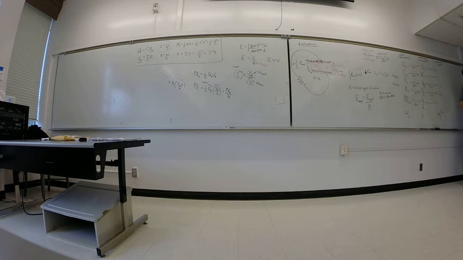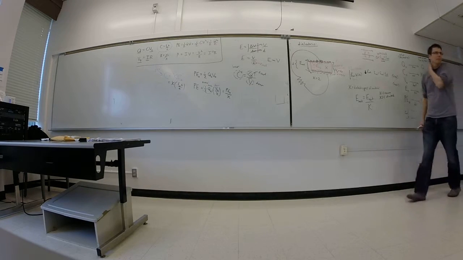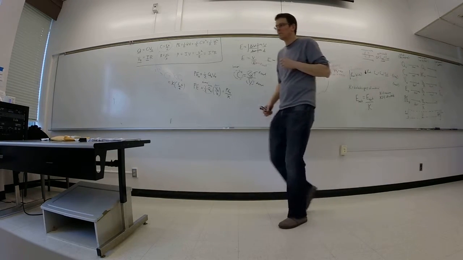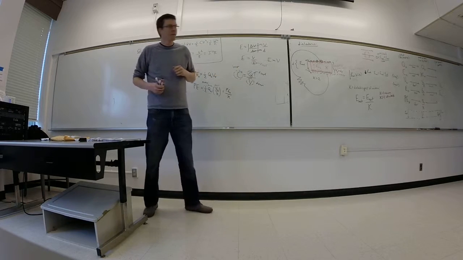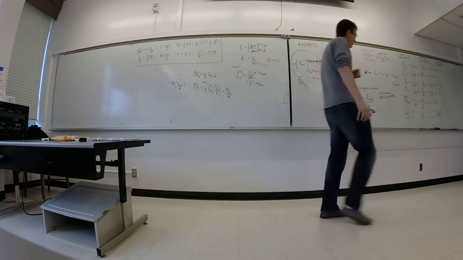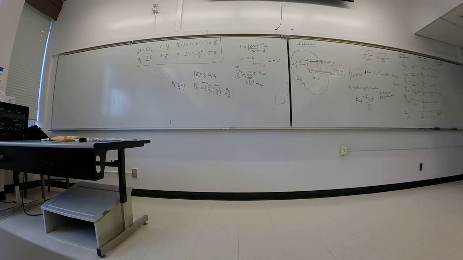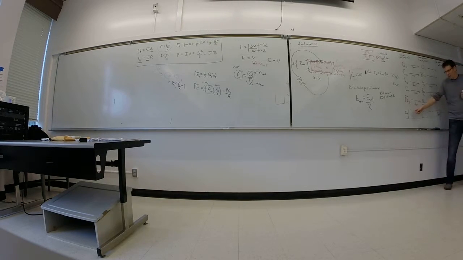So I'll try to draw these. Let me try to mark this off so it's clear. It looks like this. So again, just to reiterate, make sure it's clear. Here's how much field the original amount of charge makes.